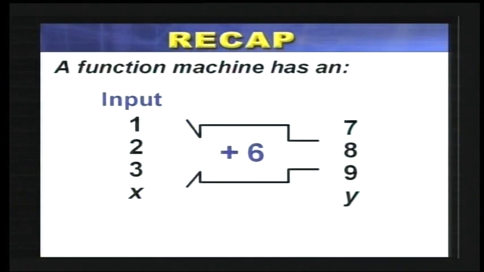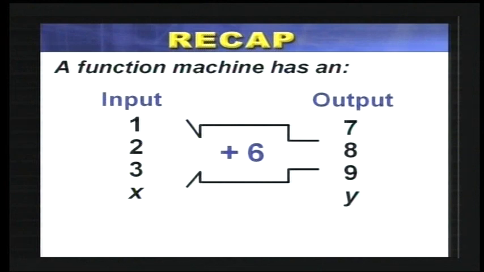So in the main function machine, you have your function rule, and you have to add 6 to the inputs, the numbers coming into the main part of this function machine. Now, what do we call these numbers out here? John? Output. Very good. We have the numbers coming out of the output as our results.